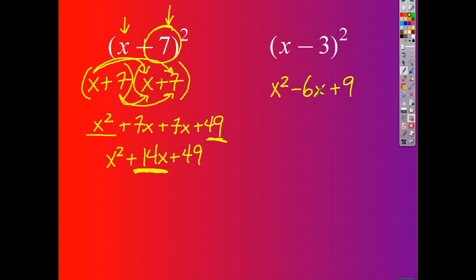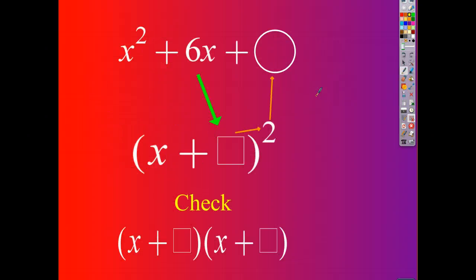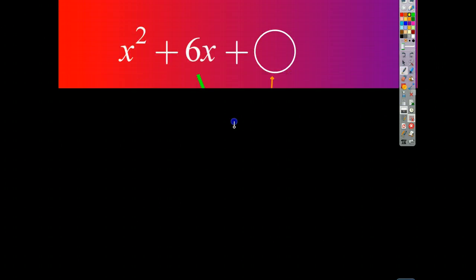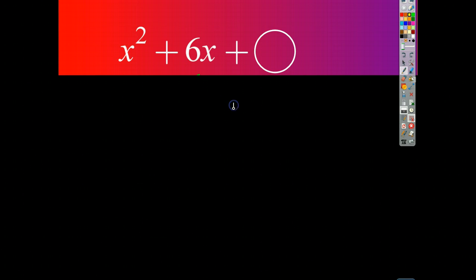It's important to know this because we're going to move on and start solving these things. I'm going to have a problem that looks like this: x squared plus 6x. Let's hide this for now. What I'm trying to do is figure out what number I'm going to put inside this circle that makes this whole thing a perfect square.